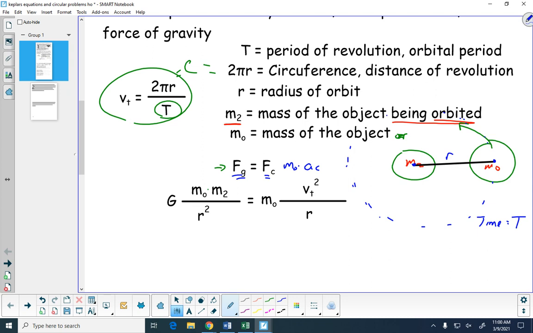Well, I have the mass of the object on both sides. What will happen is these will cancel out. You have a radius and the radius squared on the bottom. One of the radii will cancel out.